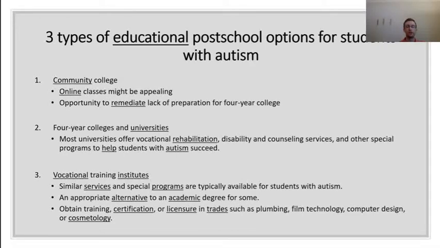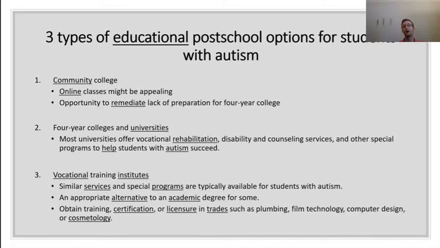And students can obtain training, certification, or licensure in trades such as plumbing, film technology, computer design, or cosmetology, just to name a few. So these are 3 types of educational post-school options for students with autism.